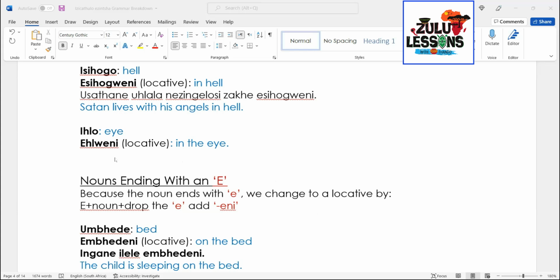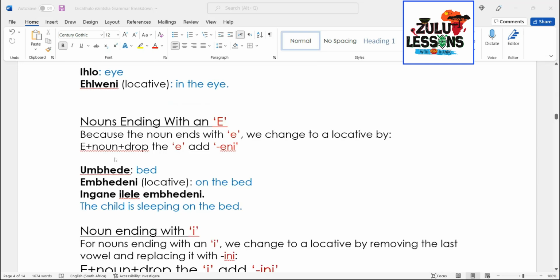So in the eye or on the eye. You can go ahead and find as many nouns as you can that you can play around with and make these locatives. Go ahead and put them in the comments. I'll check them and we'll see how the E is there. But don't forget that first E at the beginning of the locative.